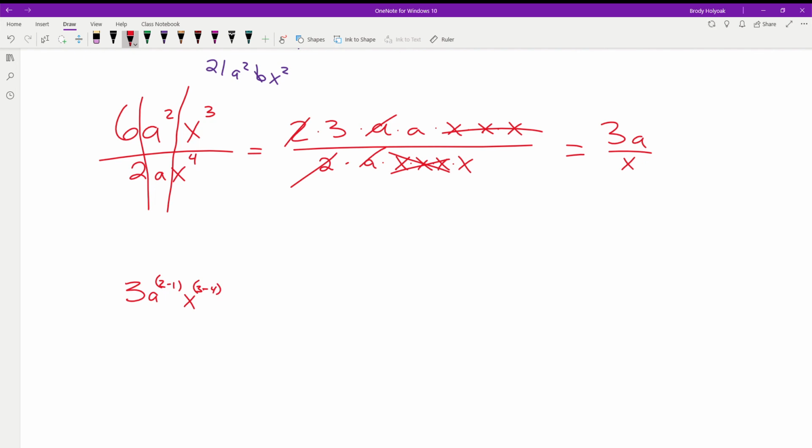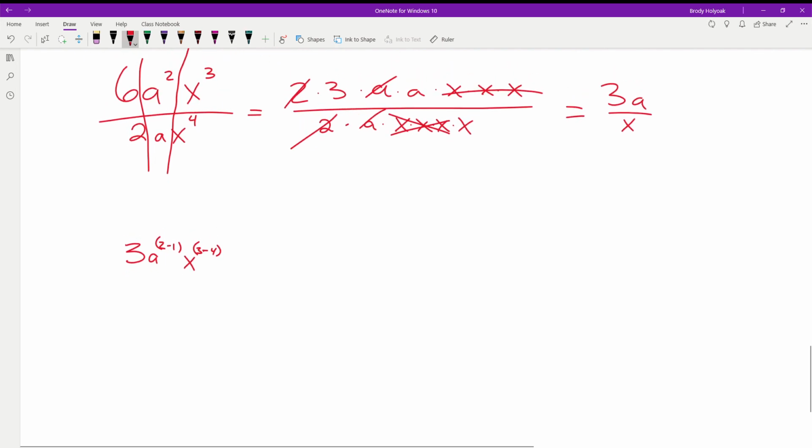And here's a cool trick. So we end up with 3a x to the negative 1. When you have a power to the negative 1, you can bring it down. Yep. So you can flip things back and forth from the numerator to the denominator as well.